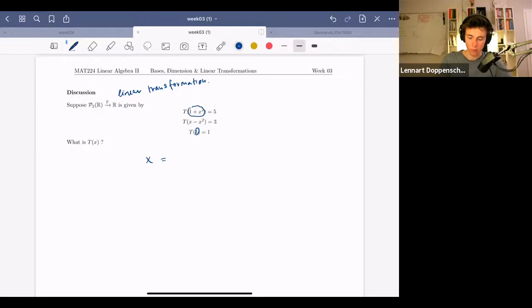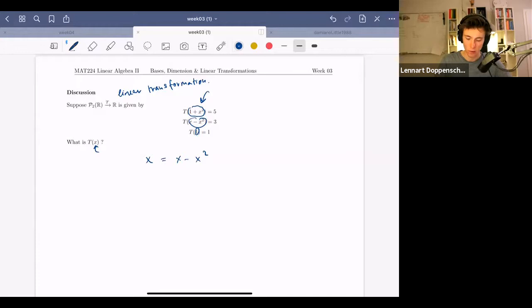So what we want to do is re-express the vector x, the polynomial x, in terms of the polynomials that are given. We can use x minus x squared, but then we have this x squared which we don't want.